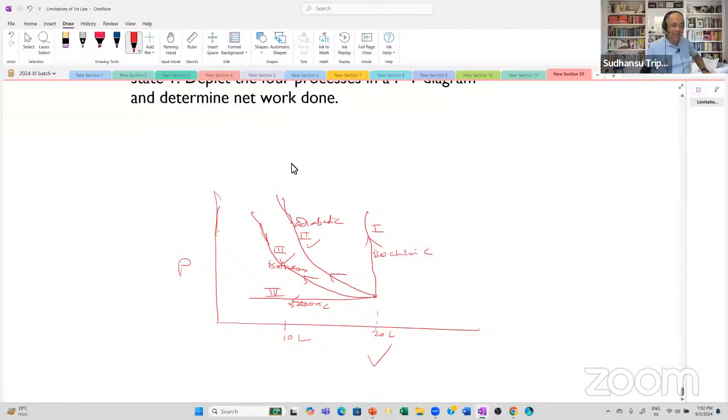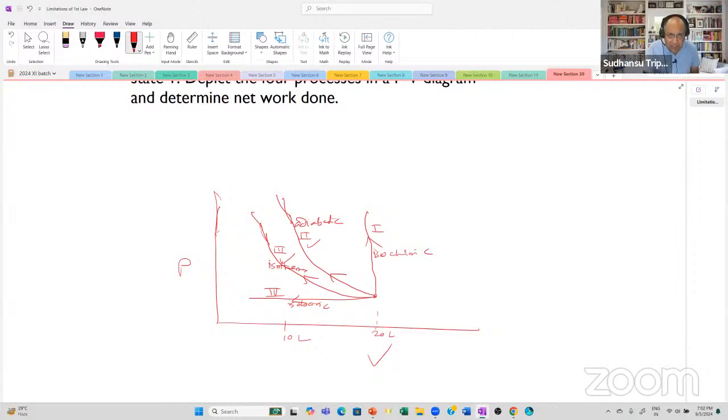Now I taught you the gaseous state chapter in greater detail only because in thermodynamics we will be dealing with the gaseous state, particularly in the heat engine. Tell me why?